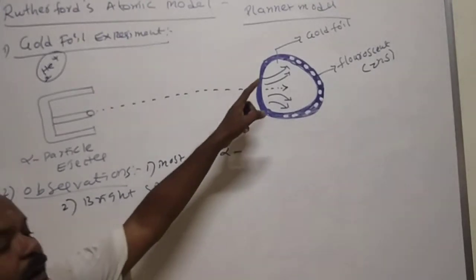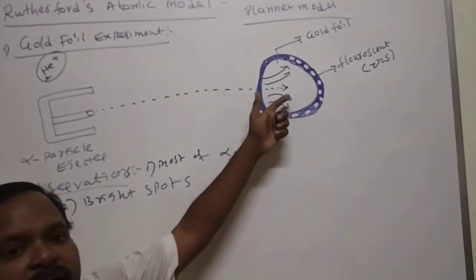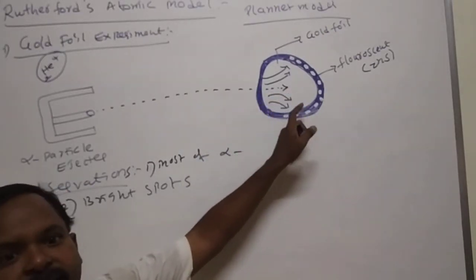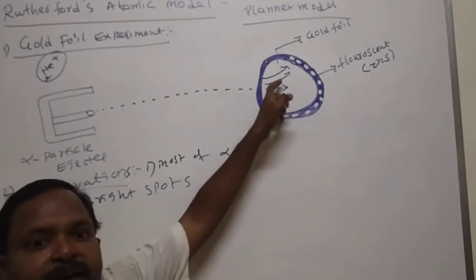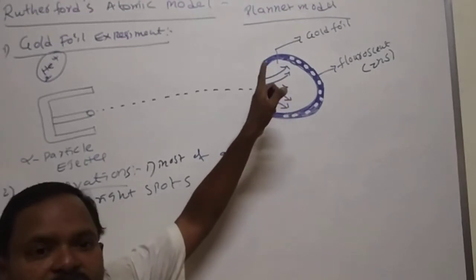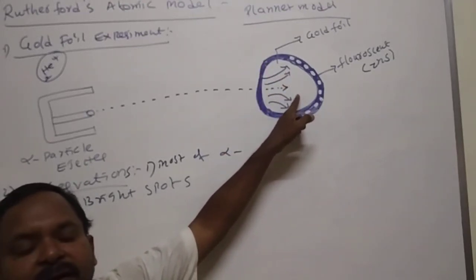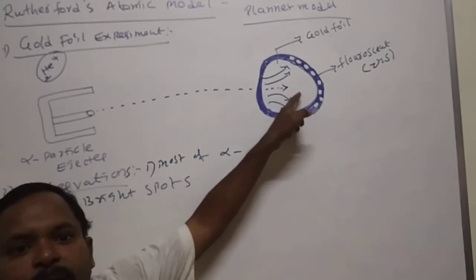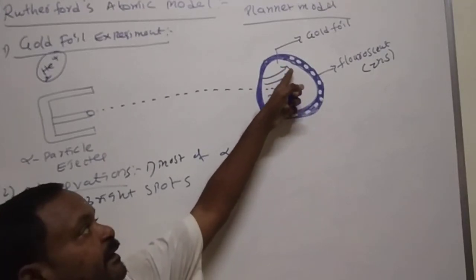Here bright spots are observed. Why are bright spots observed? Why did some of the alpha particles deflect from their own way? Those have a different charge. Neutral means stayed there only. Since this is a positive metal, these are negative, and negative means these are deflected.